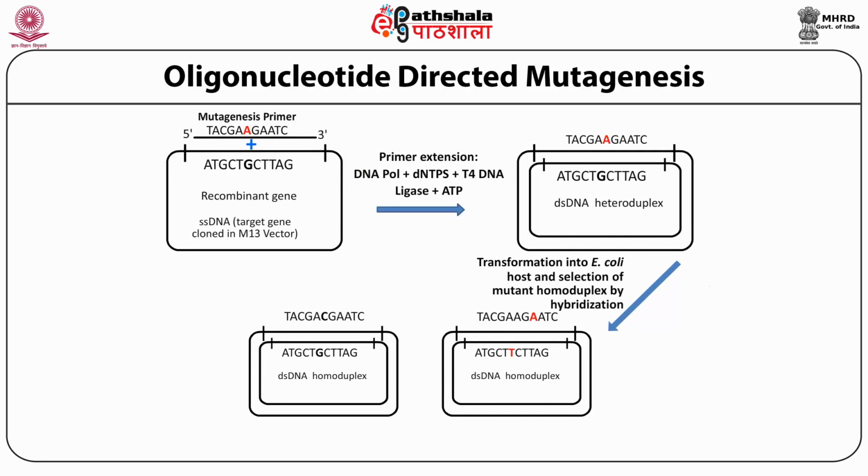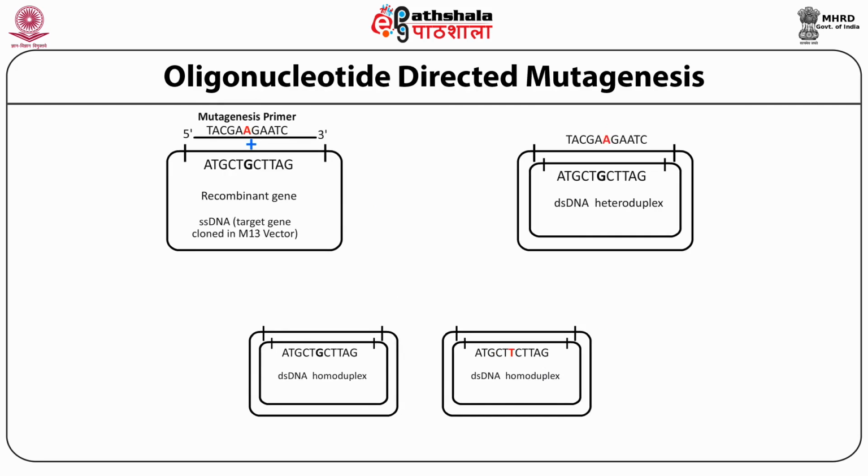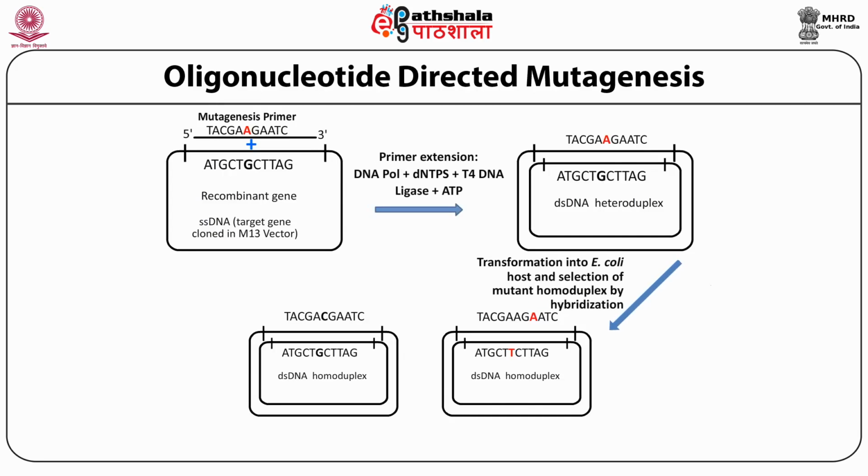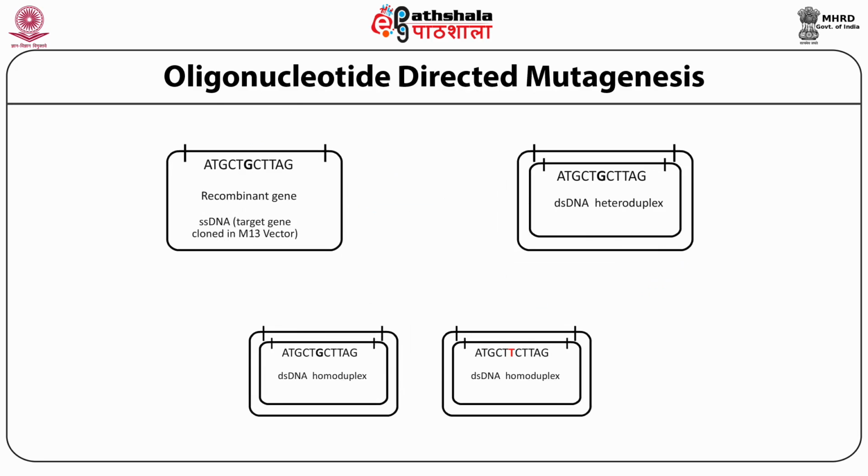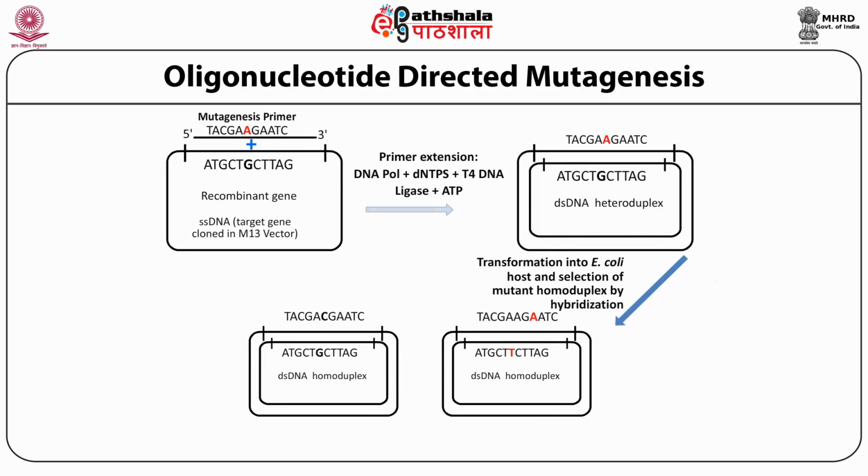So once the heteroduplex which was synthesized in a test tube has been transformed into the E. coli, the further multiplication by the E. coli takes care of converting the heteroduplexes into both types of DNA strands.